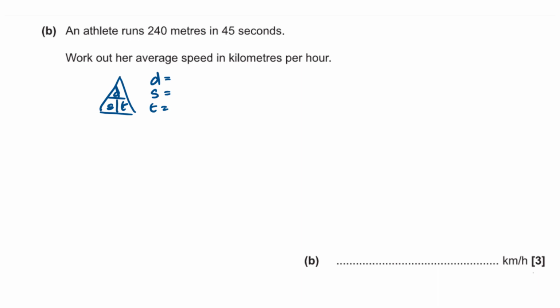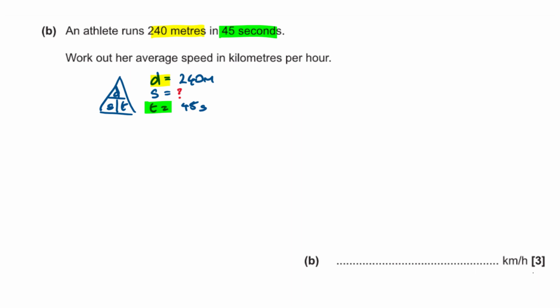I'm going to look at what I've got, what I haven't got, and then use the other two to work out the missing one. So an athlete runs 240 meters, so that's my distance, 240 m. Speed is what I want to find. And then time, 45 seconds.